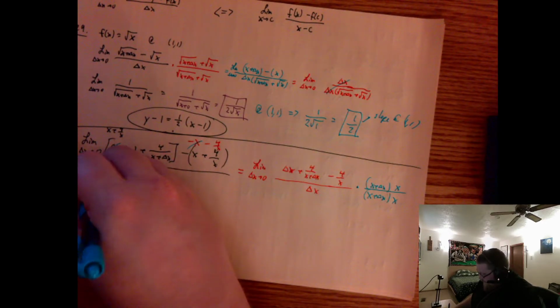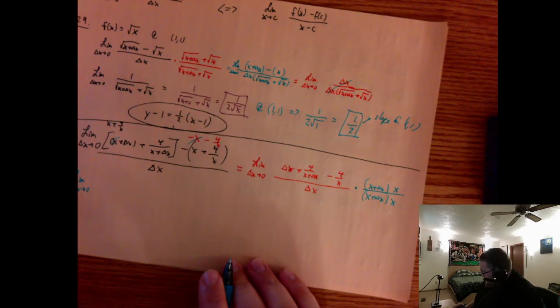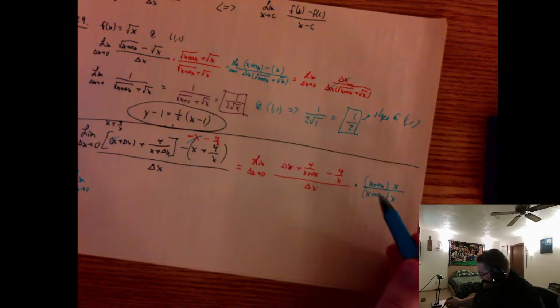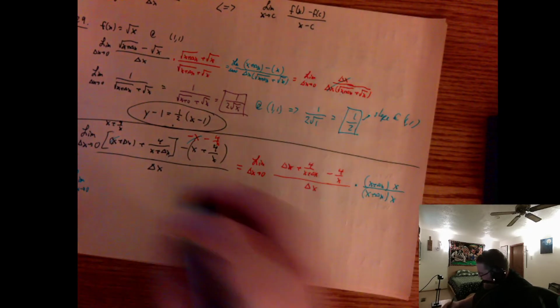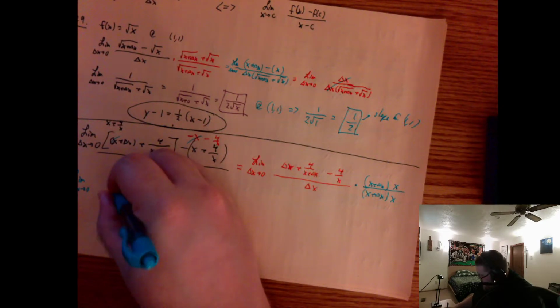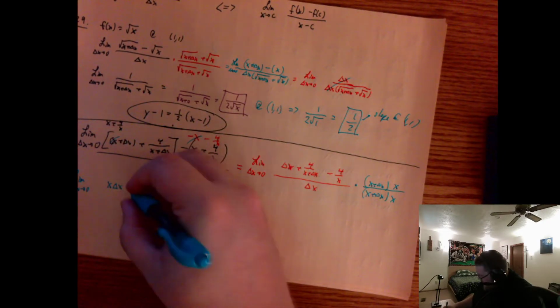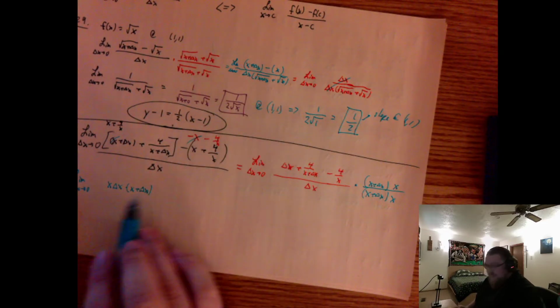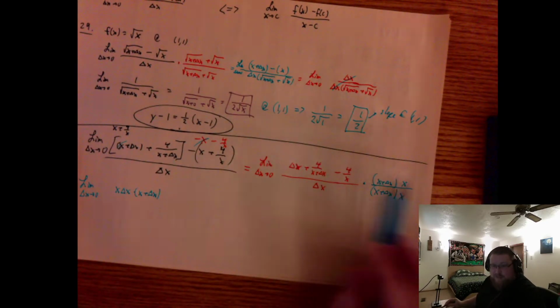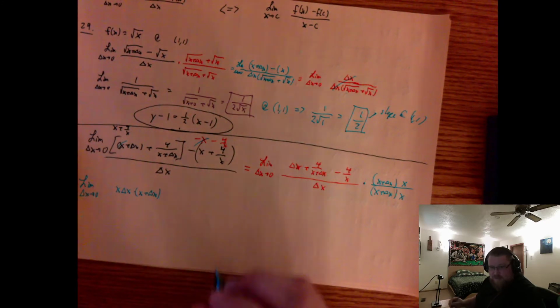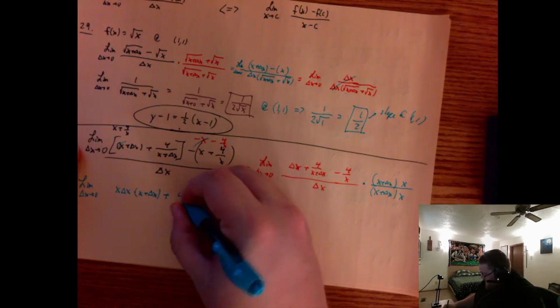Limit as delta x approaches 0. And we end up with, if we distribute this, we would take x times delta x and get x delta x times x plus delta x. So the first one doesn't simplify at all because you just take the top and multiply it to the x plus delta x plus the 4.